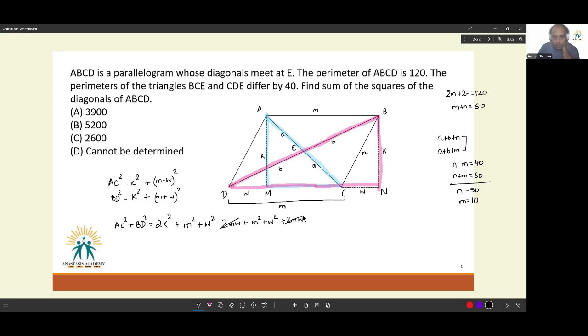These two terms will cancel each other out. We will be left with 2K square plus 2W square plus 2M square.